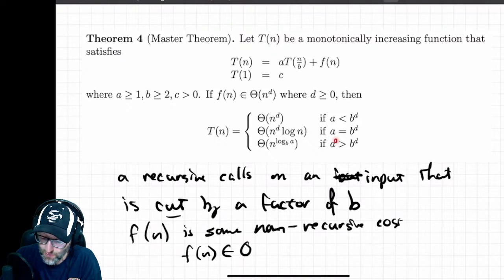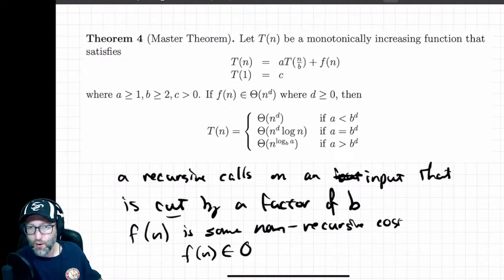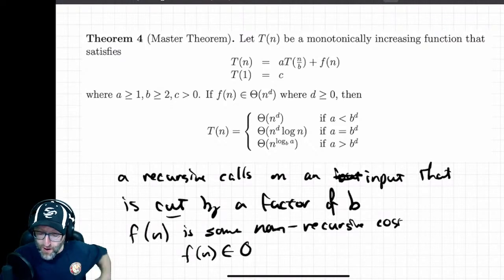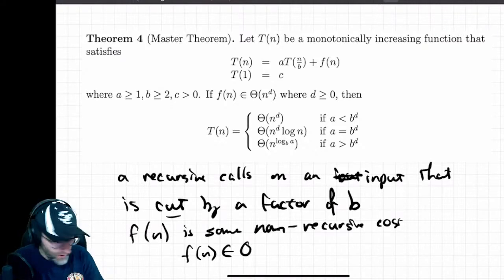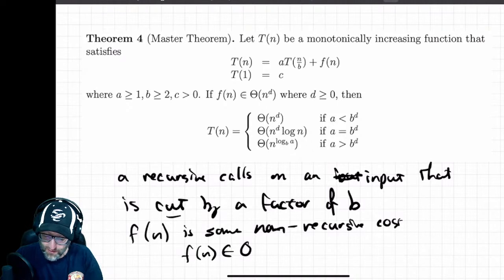In the third case, you are doing more in your recursion than you are doing non-recursive work. If they are equal, the intuitive notion there is that you're doing roughly the same amount of work in your recursion as you are non-recursively. But in any case, if you've got a recurrence of that form, you can always apply the Master Theorem, and then you don't have to do any work. You don't have to solve that recurrence.